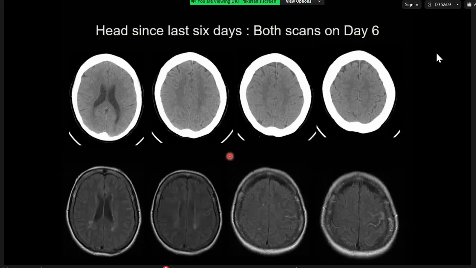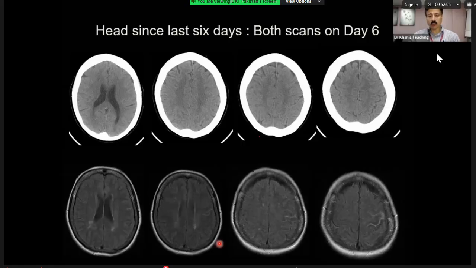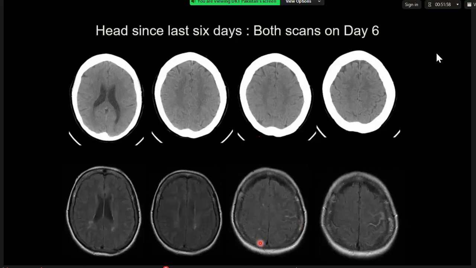But I've got no other sequences to correlate. So I'm suspicious of subarachnoid blood, but I can't see any concurrent finding on the CT to explain this, because I should be seeing it on the CT at the same site as well, which I'm not.